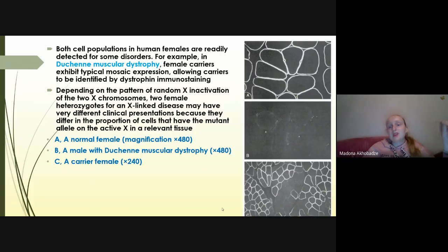If instead of these normal ones the majority are abnormal, then we will have the expression of the disease. So the inactivation rate, or inactivation frequency, is how much of the disease X is inactivated, and if more than half is active, it means we will still have the expression of the disease.